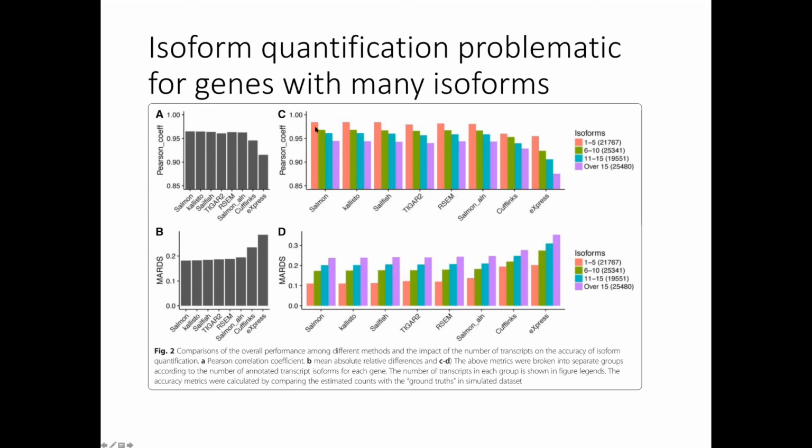Whereas if it's between 1 and 5, it behaves much better. This of course makes sense, because if you have 15 or more different isoforms to put a read on, you have to have a lot of information to assign it to the correct one.